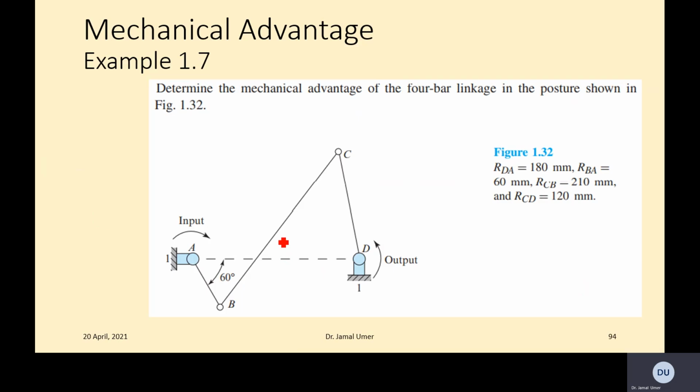Now we are going to solve one of the problems, which is example 1.7.